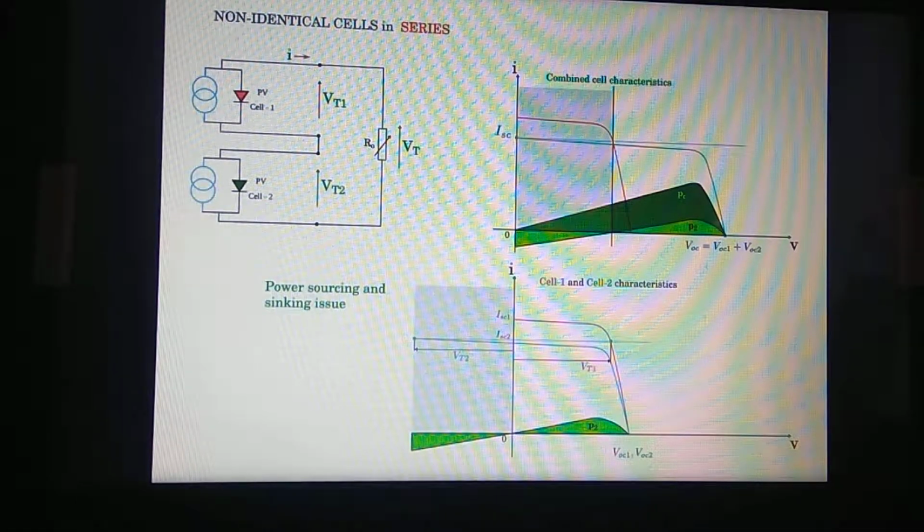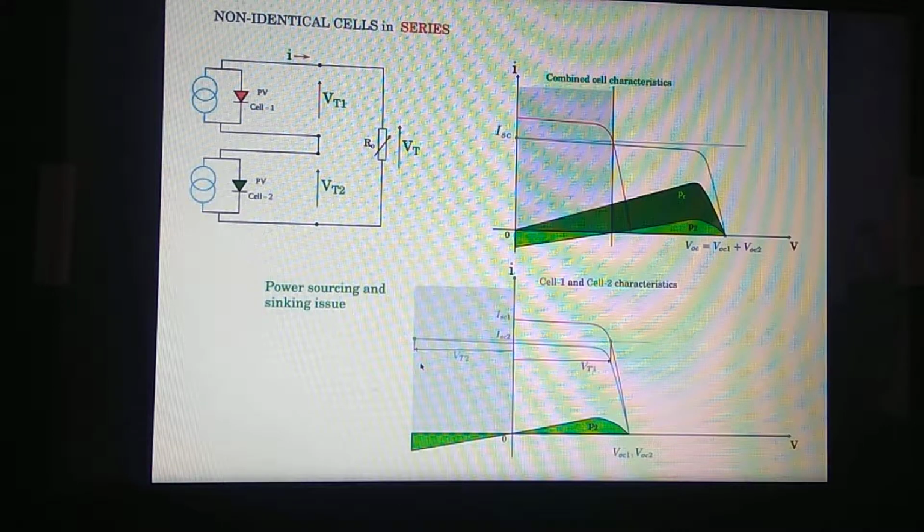Now, if you consider this portion of the combined characteristic, which is shown lightly shaded, it reflects onto the second quadrant for the individual cell, PV cell 2 in this case.